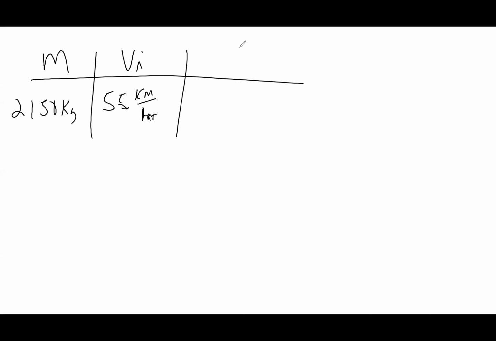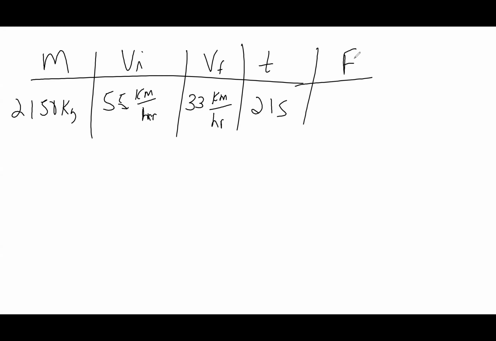Then it slowed down to 33 kilometers per hour in a time of 21 seconds, and we were asked to find the force. Of course, the force is mass times acceleration. The acceleration, we know in this case, is the change in speed over time.